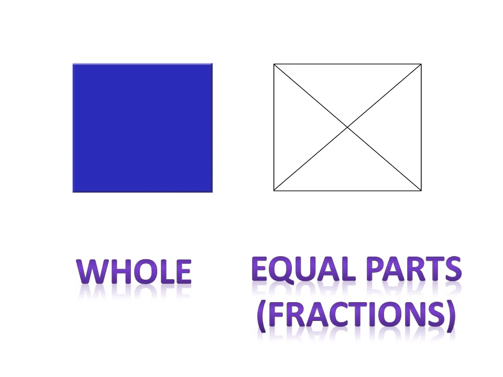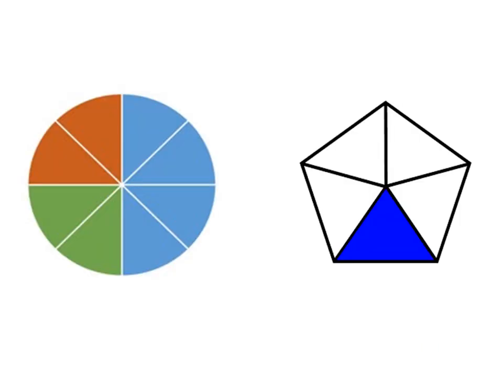Here you can see a square and a square divided into 4 equal parts, that is fractions. Here both the figures are divided into equal parts. That's why each part is called a fraction.